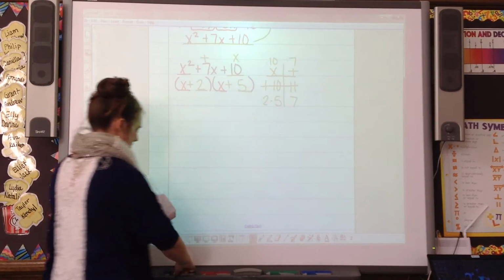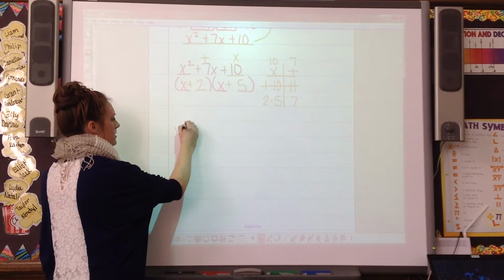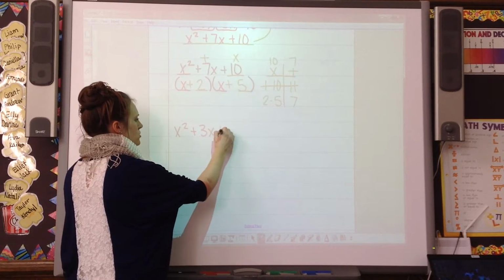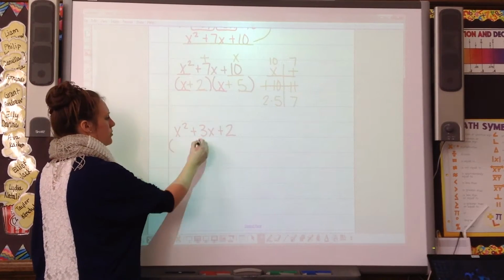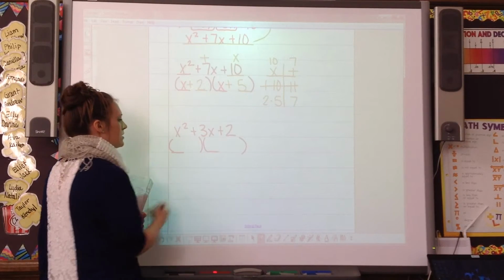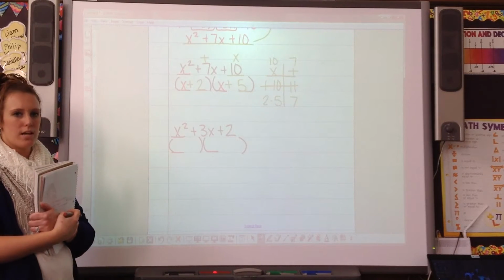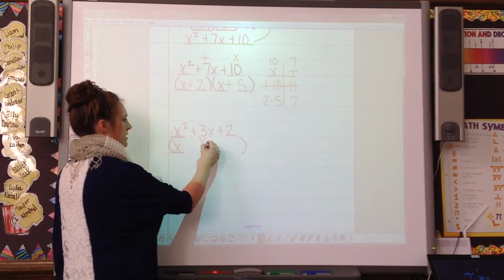Let's do some more of this. Let's try x squared plus 3x plus 2. You're going to break this into two sets of parentheses. To get your first term, you're going to multiply something times something to get x squared. Well, that's x times x.